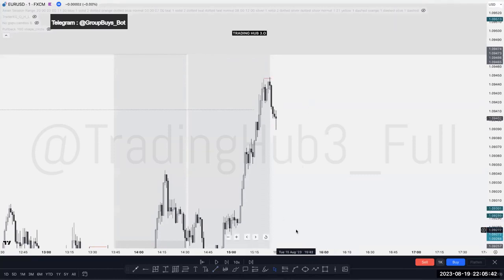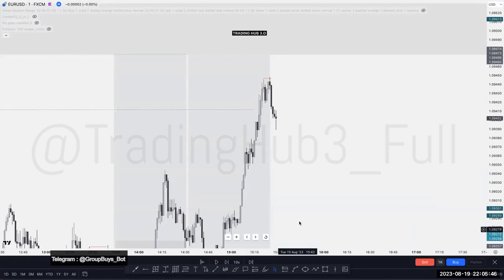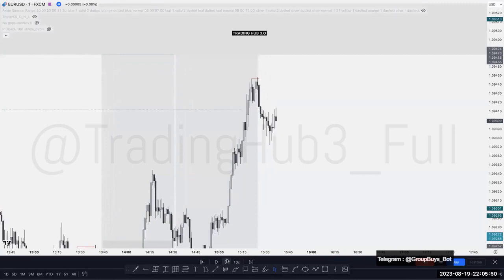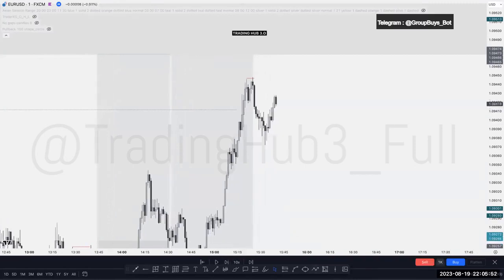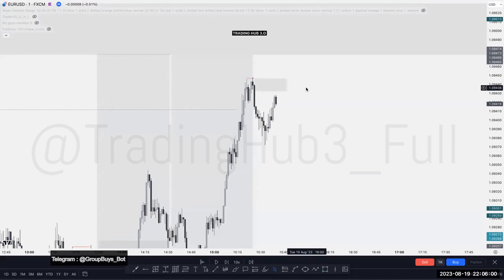And if price comes back to the upside, then we can enter here. Look at this one. Perfect. If price comes back to this point, we can enter here also.